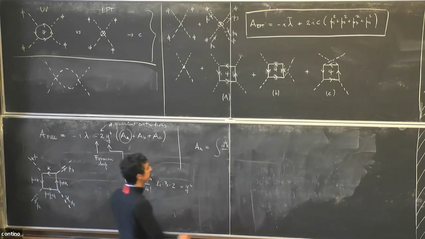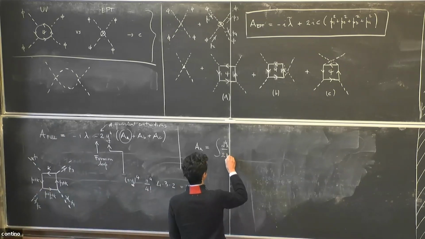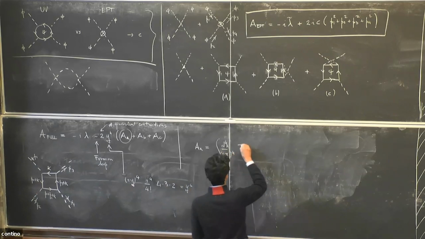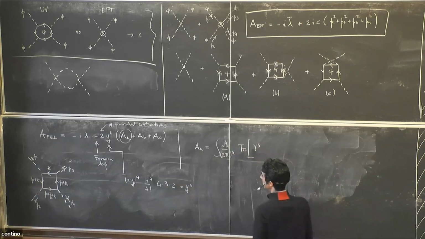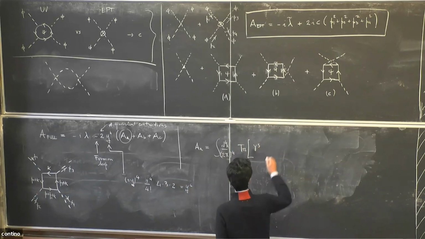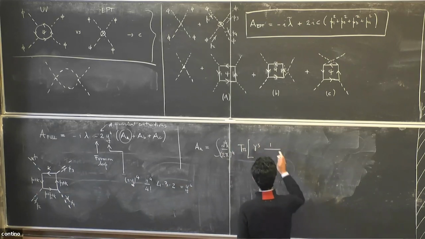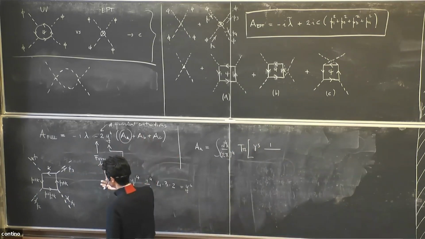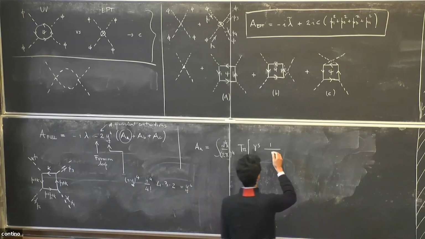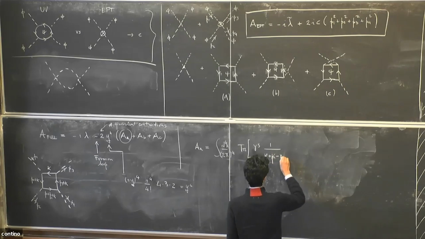So this is an integral over k, and there is a trace. Each vertex has a gamma 5. And then you have 4 propagators. Each propagator has an I in the numerator, but since there are 4, I can forget it. So there will be k slash plus P1 slash minus M psi.